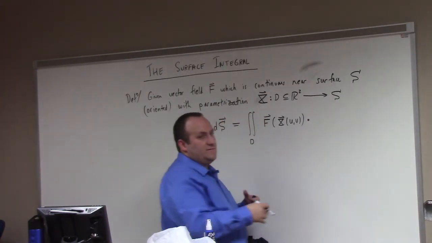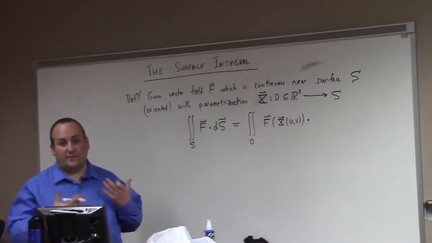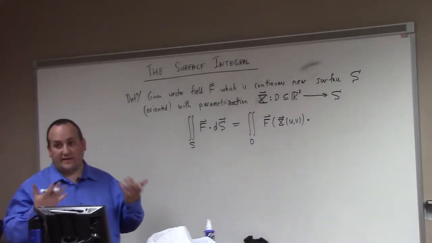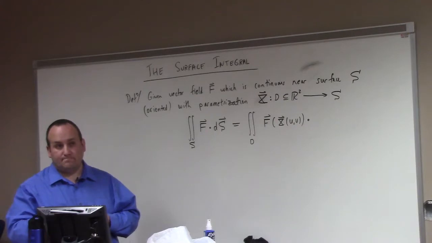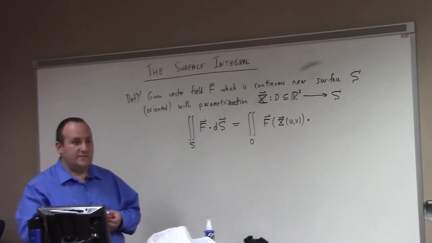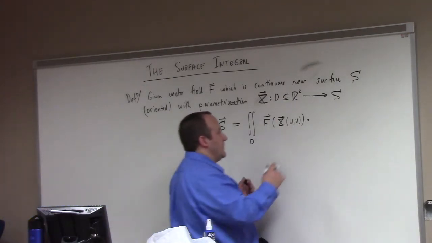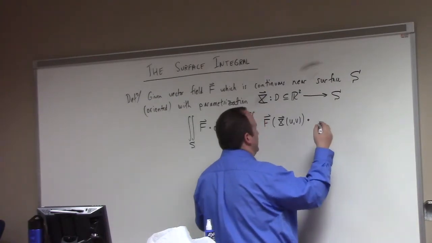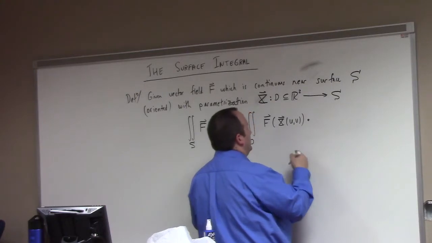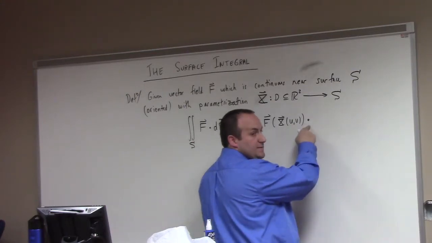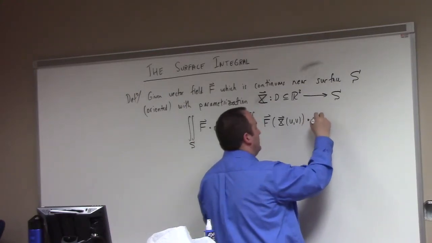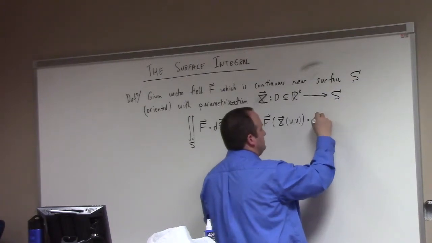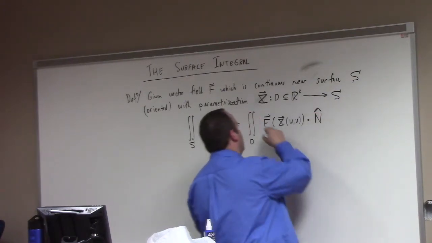I was about to write for you the formula that we always use to actually calculate it. But the definition is a little bit less useful, but a little bit more easy to understand geometrically. So what we do is we take F and we dot it with the unit normal to the surface.